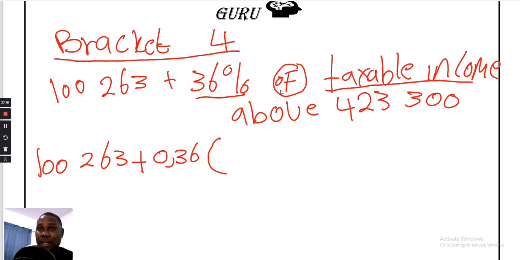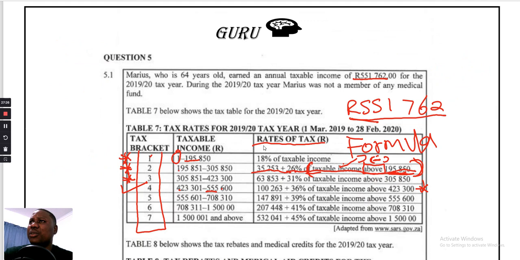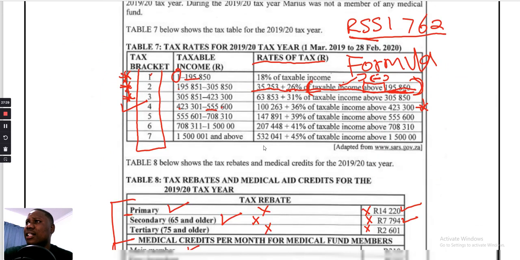Okay, so this taxable income, we are going to substitute it with 551,000. How much was it? 551,762.